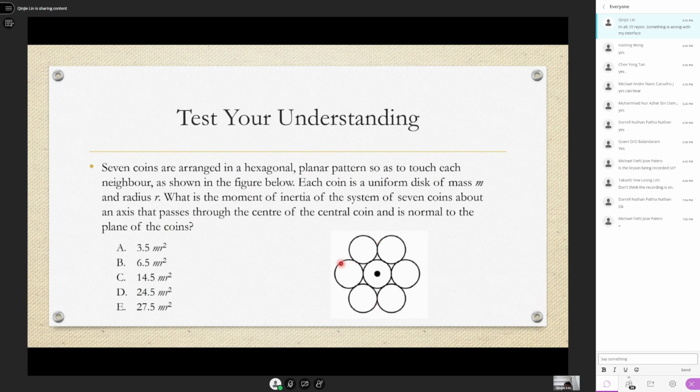So you have these 7 coins, right? 1, 2, 3, 4, 5, 6 plus the one in the middle, that's 7. If you rotate about this axis that pierces through your screen or your paper, this whole object will be rotating, right?